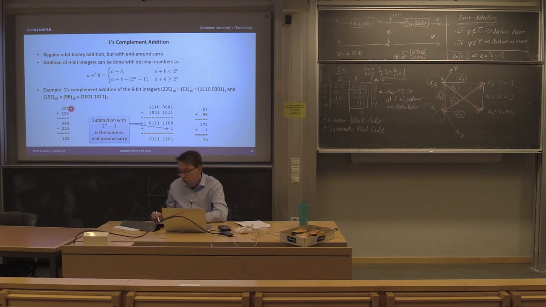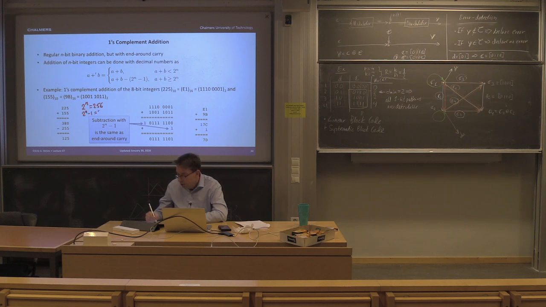If we just use regular addition, as you would in your calculator, 225 plus 155, you get 380. And 380 is greater than 2 to the power of n. So what is 2 to the power of n? Well, it's 256, right? So 380 is more than 256, and therefore I subtract off 255.